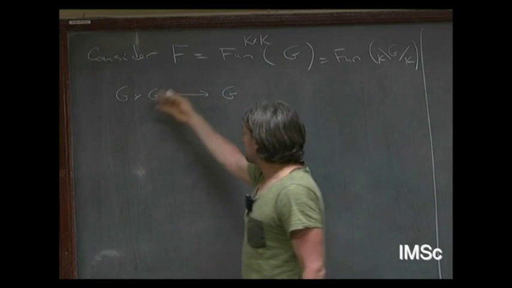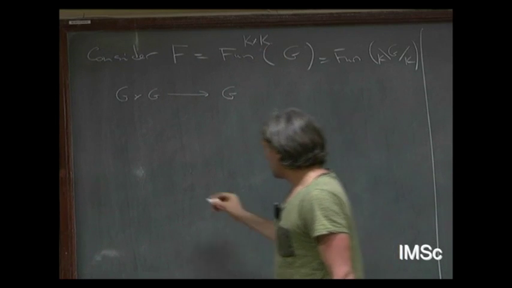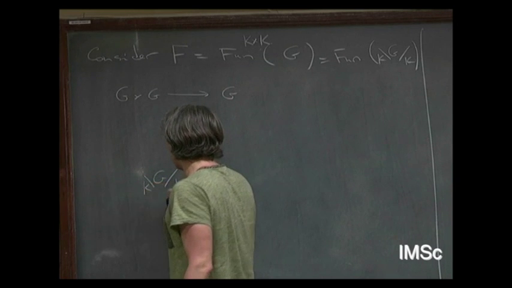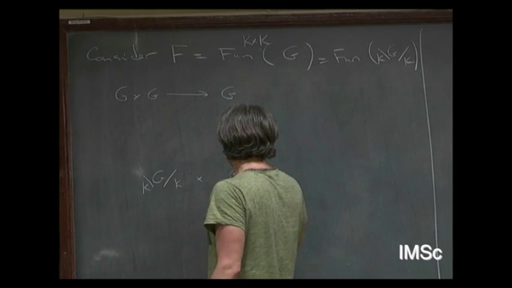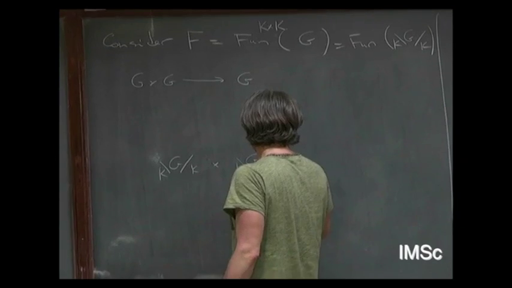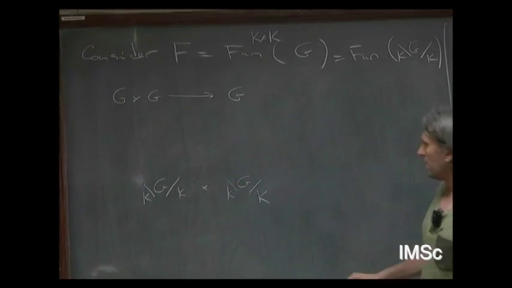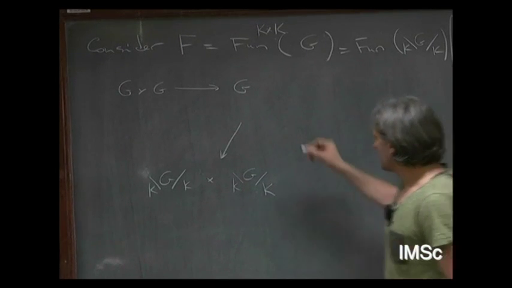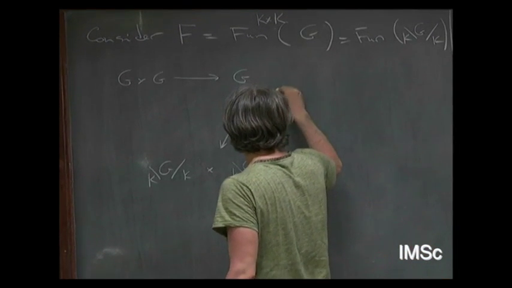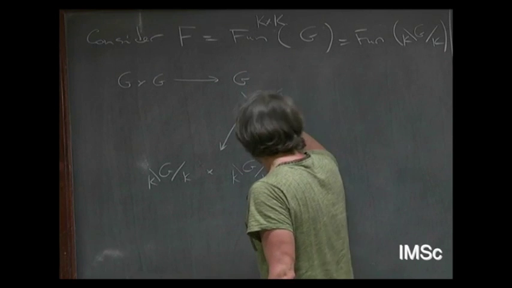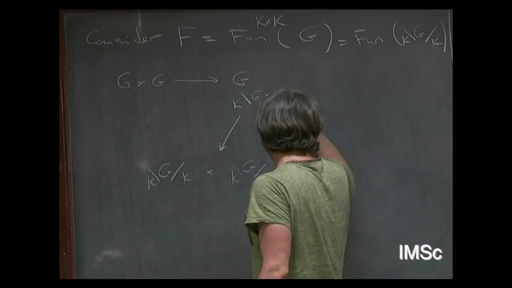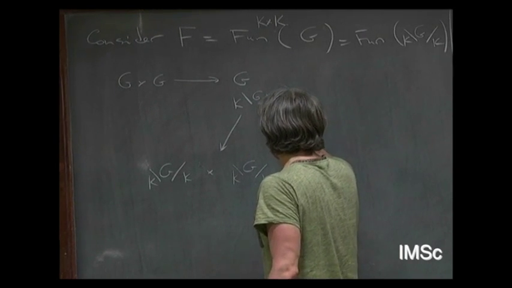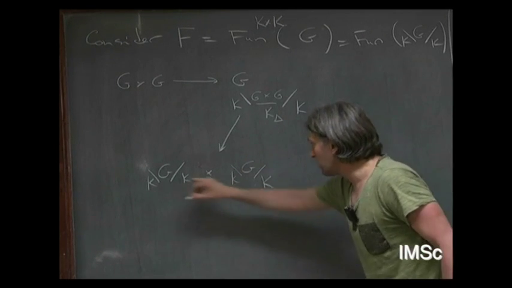Now we want to take into account K as well. So we just write this picture. These are sets, as I said. Now there's a map like this from G times G, left quotient by K, right quotient by K, and also diagonal quotient by K. So here we take quotient from each side.